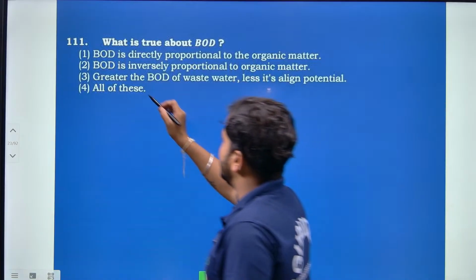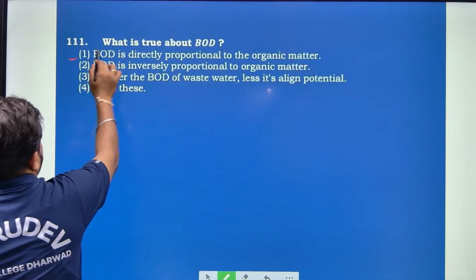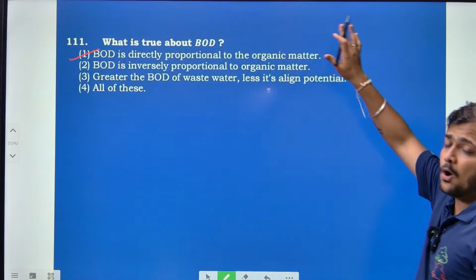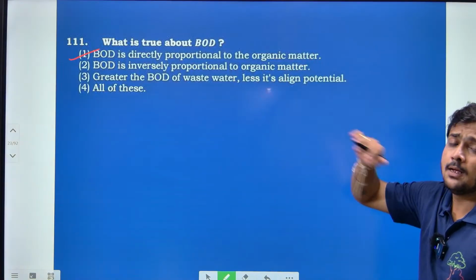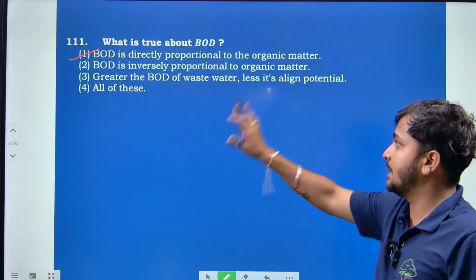So according to this, the answer here is that BOD is directly proportional to the organic matter. The name itself tells you: biochemical oxygen demand.